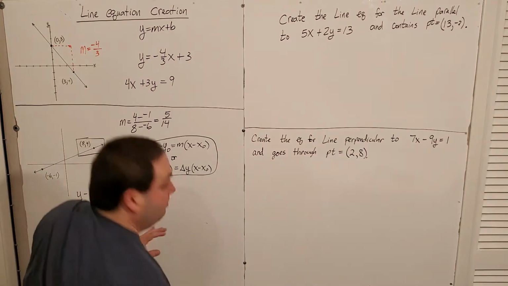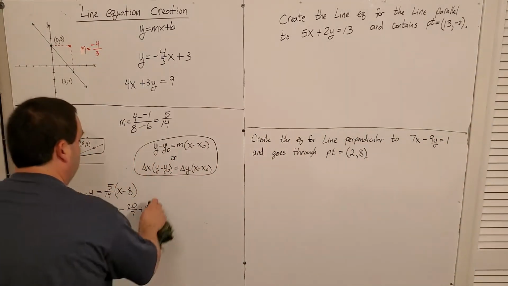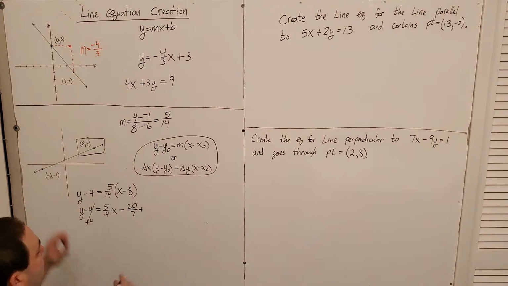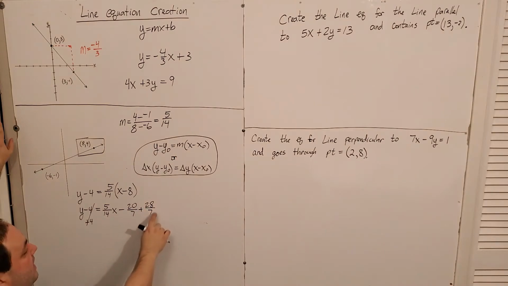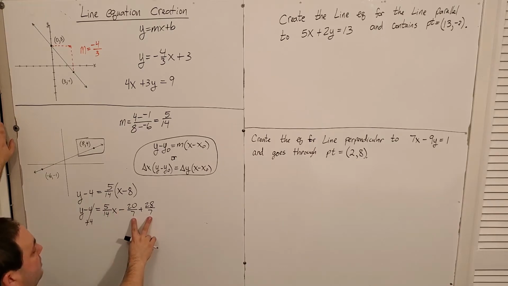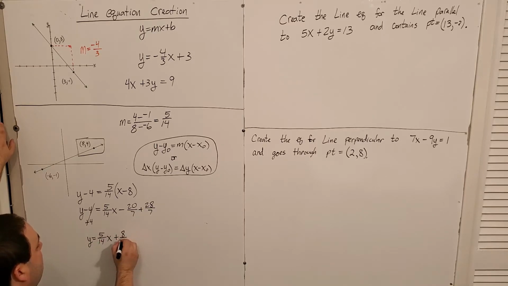I'm going to put something there that has the same value as 4, but with a common denominator here. So that would be 28 sevenths. That is a value of 4. 28 divided by 7 is 4. So I'm still adding 4 to both sides. However, I now also have a common denominator. 28 minus 20, I end up with y equals 5 over 14x plus 8 sevenths. Okay?